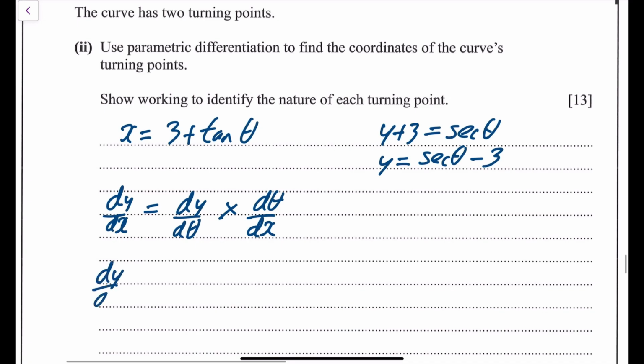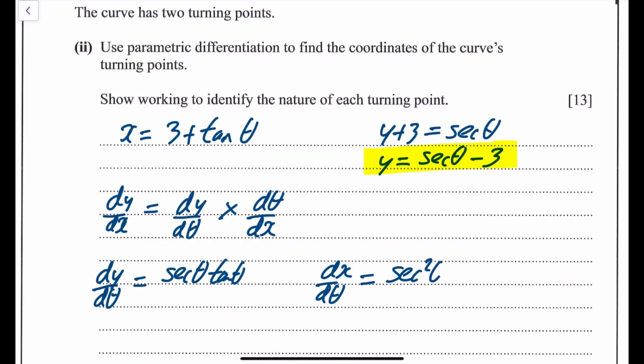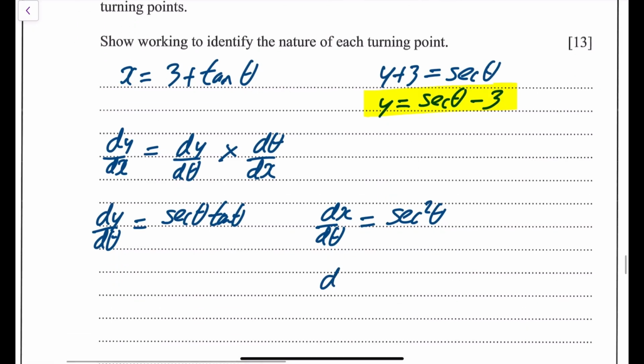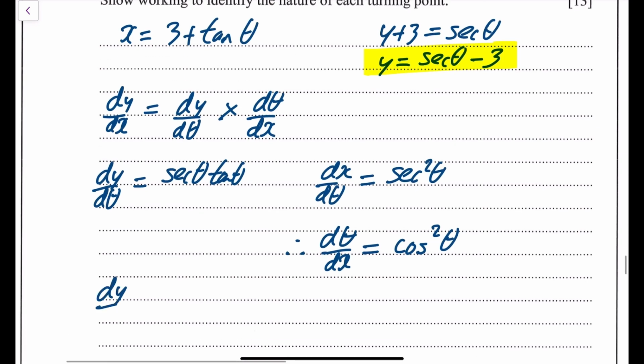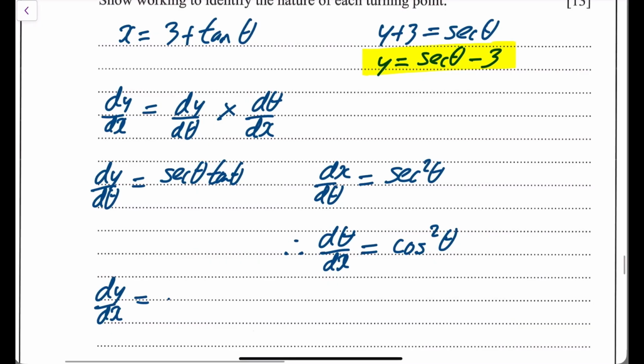So differentiating y, dy by d theta, differentiate sec, and you get sec theta tan theta. For dx by d theta, if you differentiate tan, you get sec squared theta, and we need d theta by dx, so reciprocal of sec squared, you're going to get cos squared theta.